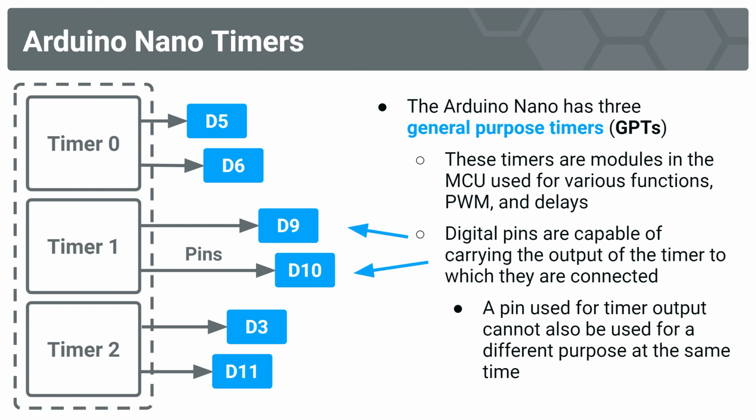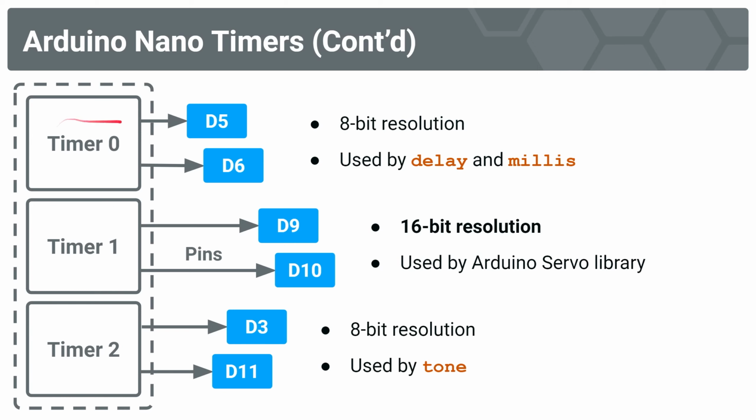And it's also important to remember that not all of these timers have the same specifications. Timer 0 and timer 2 actually only store 8 bits worth of data, whereas timer 1 stores twice the number of bits, up to 16 bits. And so their use cases through the Arduino built-in library and some of the other libraries out there change.